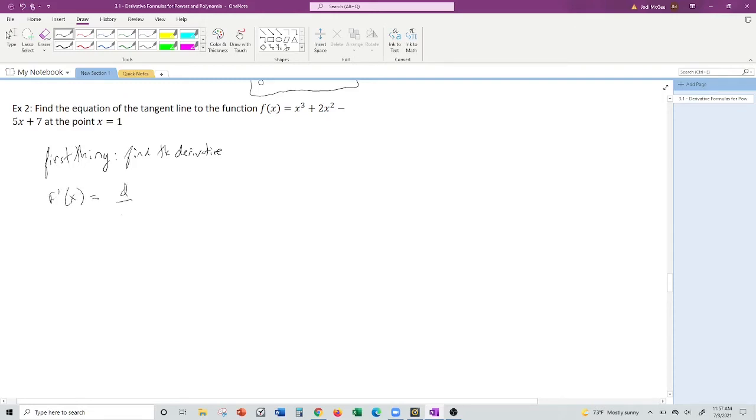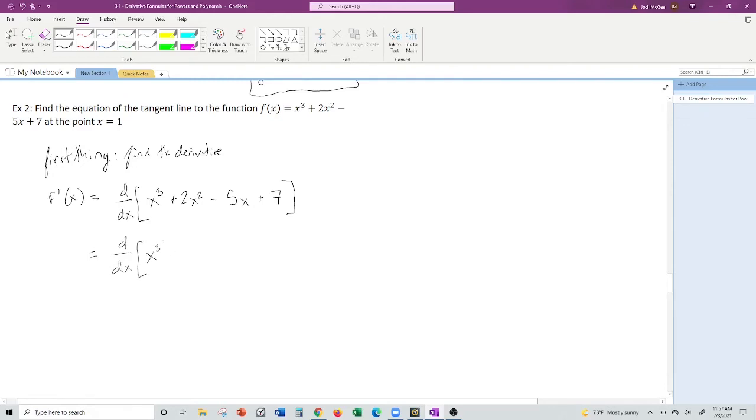Well, this here is just a polynomial. We have the derivative of x cubed plus 2x squared minus 5x plus 7. We just did an example where we calculated the derivative of a polynomial, so we can go ahead and break this up into pieces.